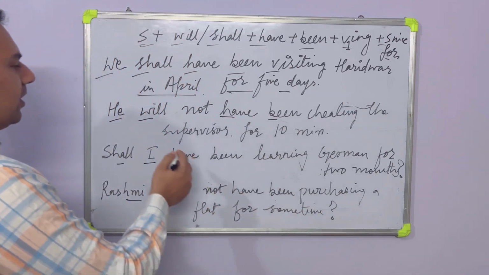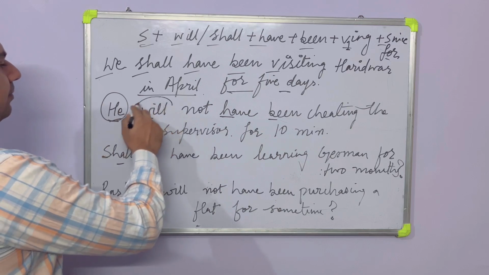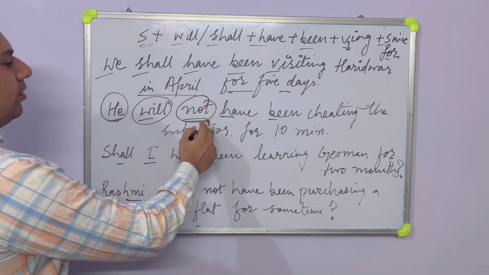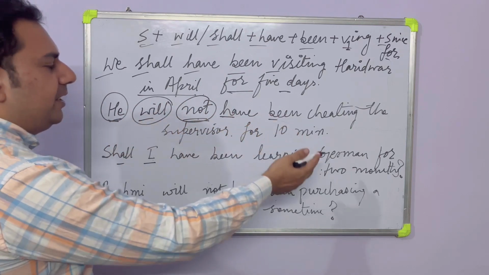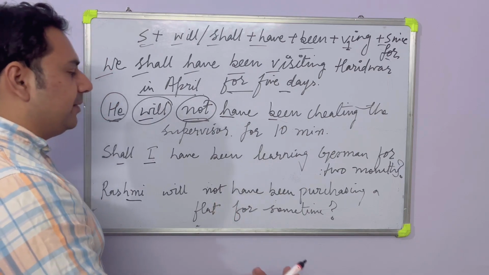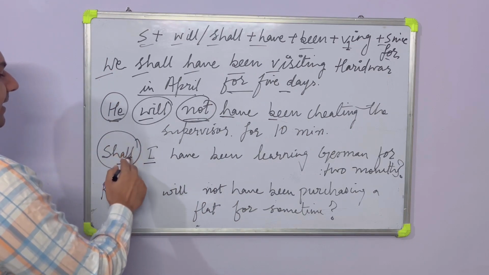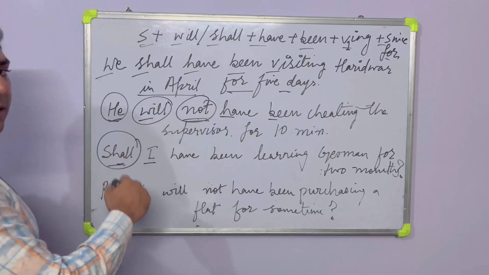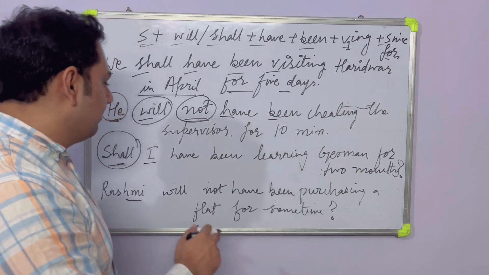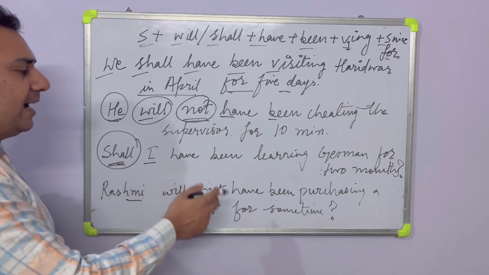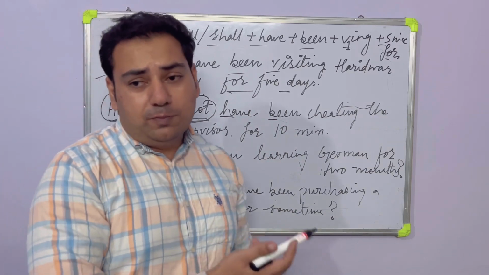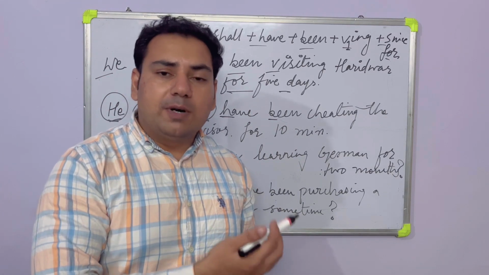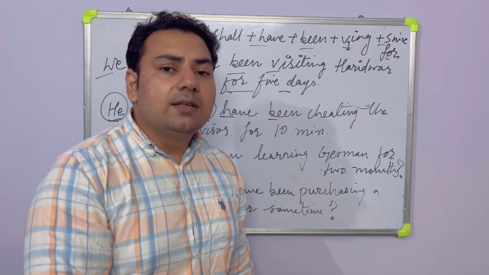So in the same way, you can make the negative as well, like subject plus will and then not. Okay. He will not have been cheating the supervisor for 10 minutes. In the same way, you can make the interrogative by putting will or shall in the first place. So shall I have been learning German for 2 months? Not sure, but that you will be doing in future.